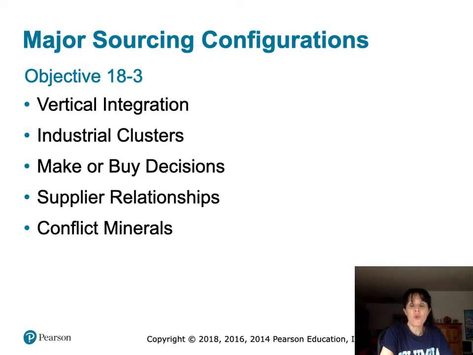Vertical integration, for instance, happens when a company owns the entire supplier network, or at least a significant part of it, as was the case with Apple before it began to outsource to suppliers and use contract manufacturers. Apple used to produce everything by itself. It didn't source materials.